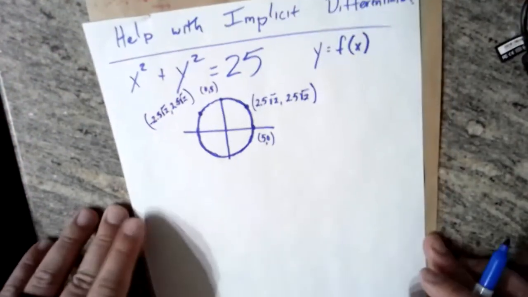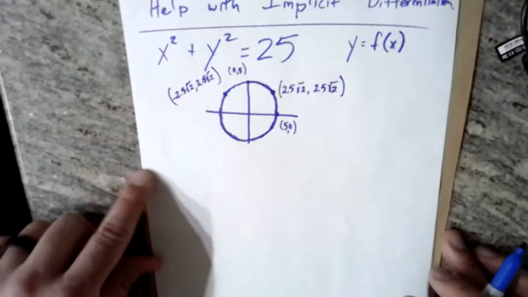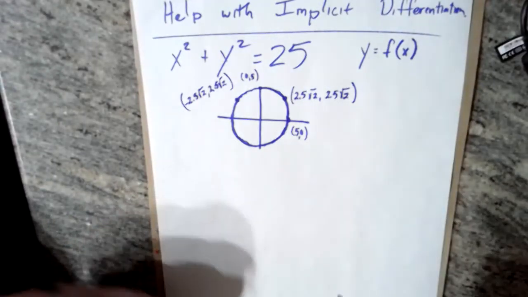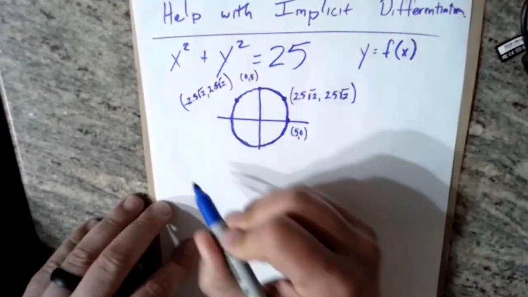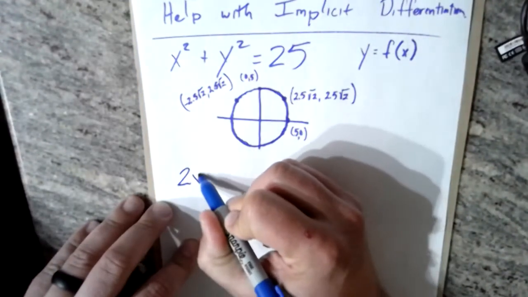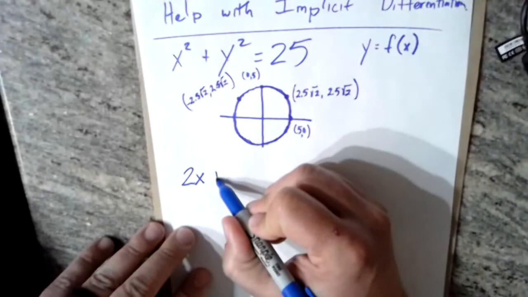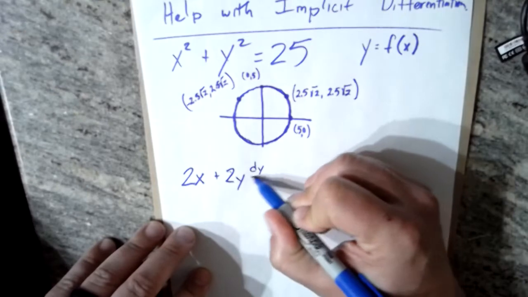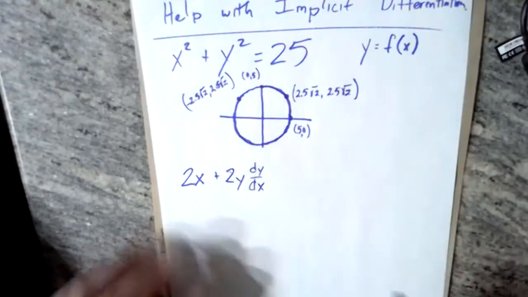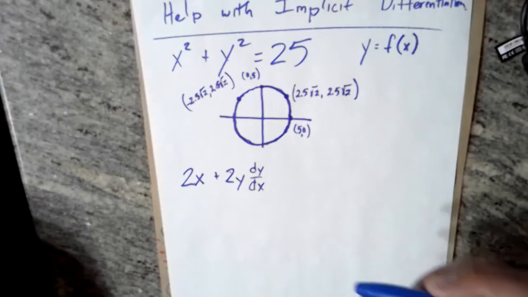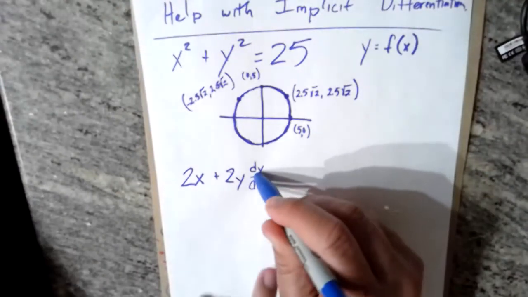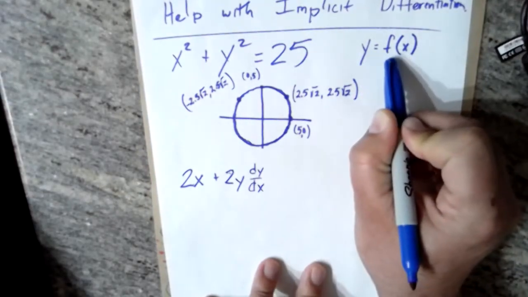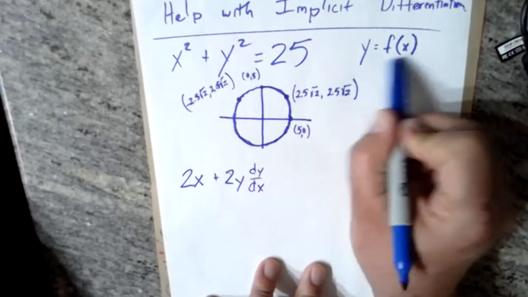Okay. Now, let's differentiate this equation implicitly. To do that, you have to take the derivative of both sides with respect to x. So you get 2x plus 2y times dy dx. Why am I multiplying by an additional factor of dy dx? Well, because y is a function of x, and we're taking the derivative with respect to x.